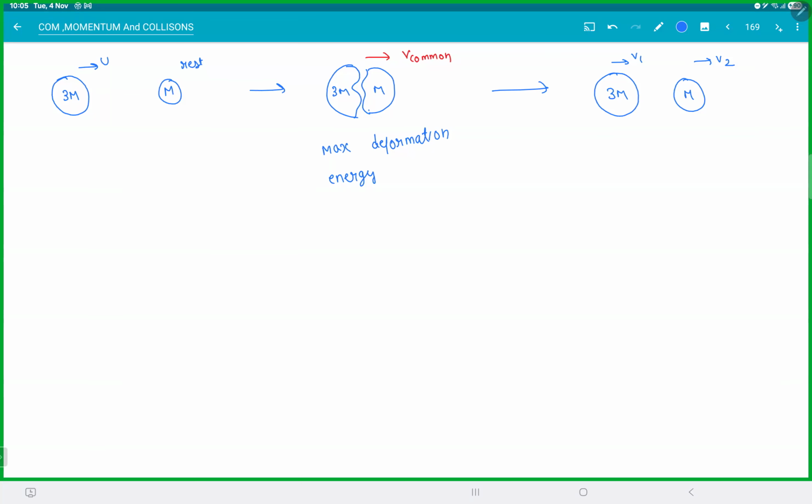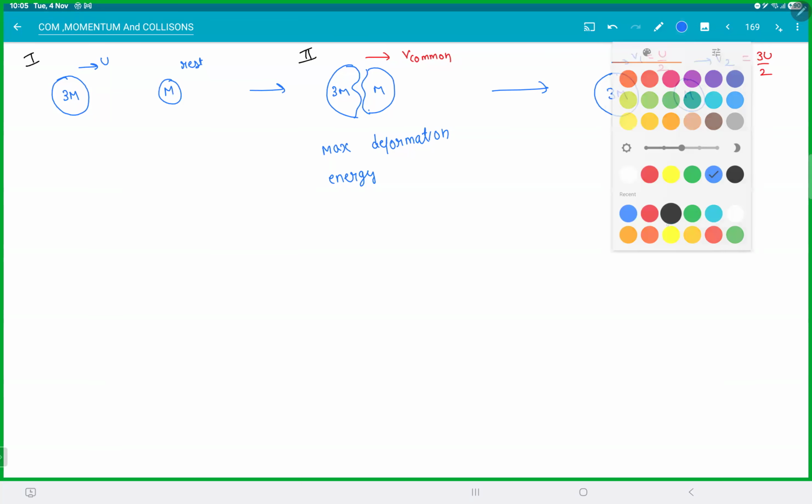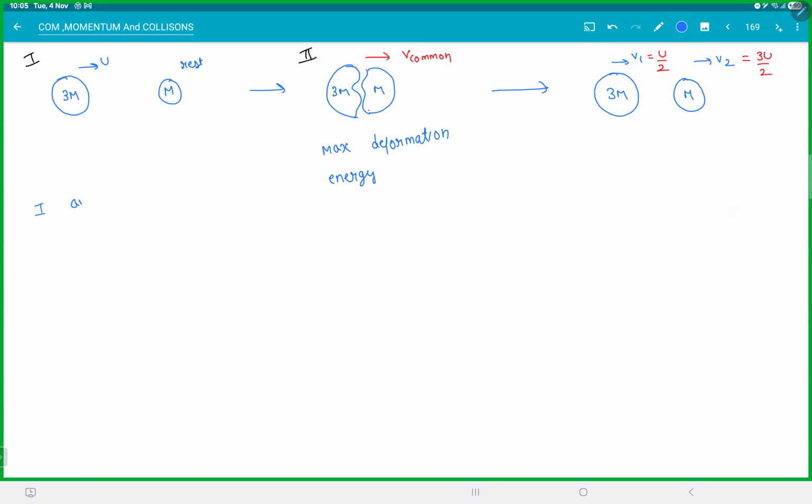So if you take between state 1 and state 2, this is state 1, this is state 2. We already know these velocities, which are u by 2 and 3u by 2. We're not interested in that. So if I do between state 1 and state 2, look at this. Conservation of momentum: 3mu is equal to (3m plus m) v common.